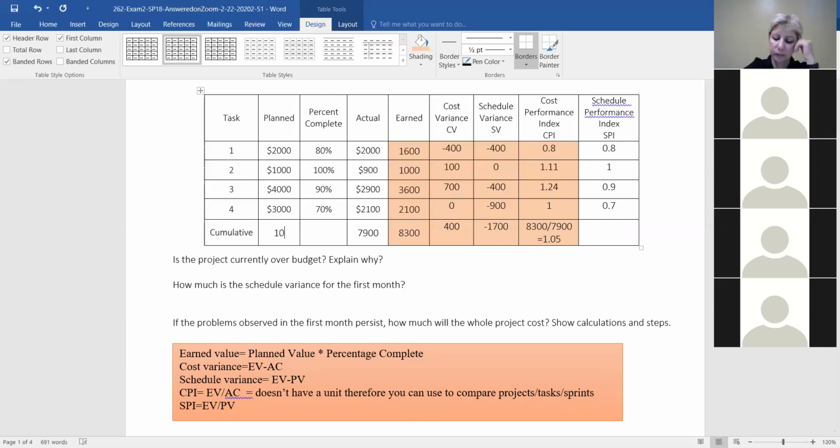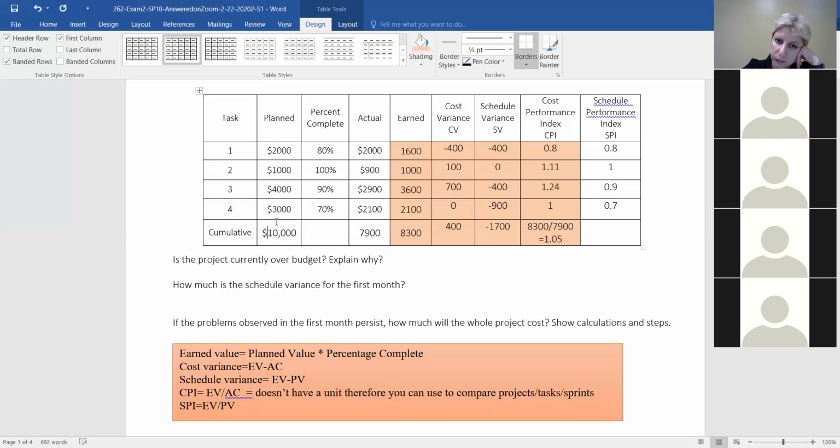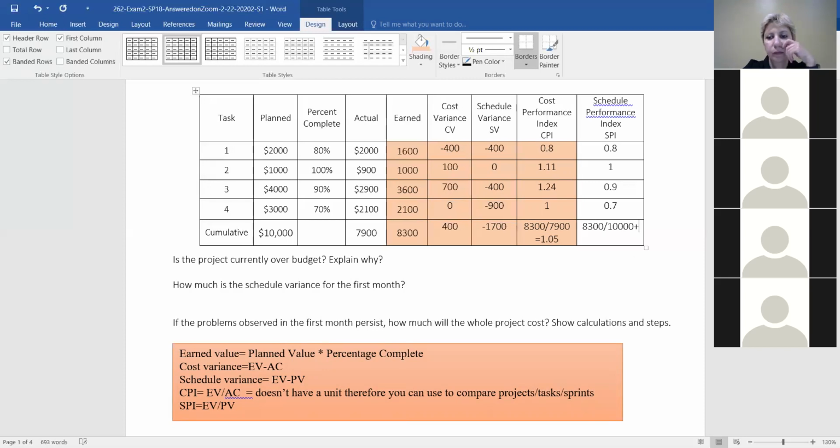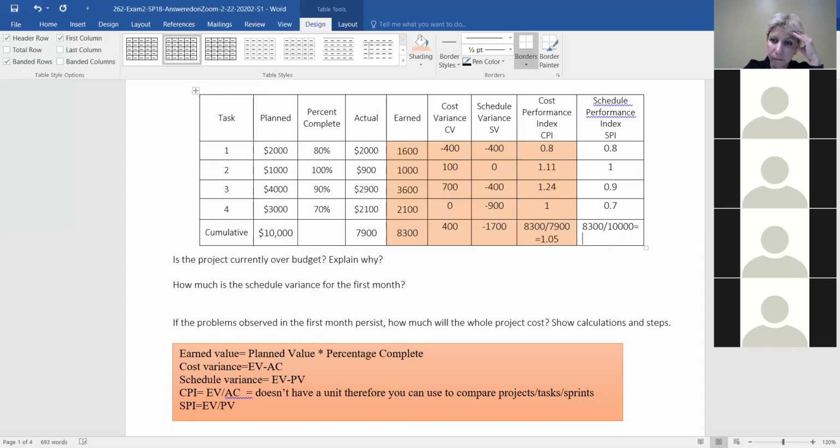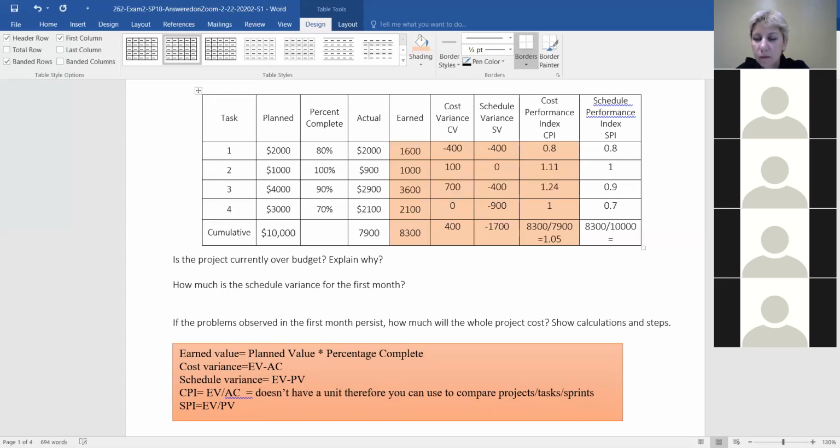So that'd be 10,000. Or wait, no. It'd be 8,300 divided by 10,000. My bad. 0.83. Yeah, you're right. That should have been easy.